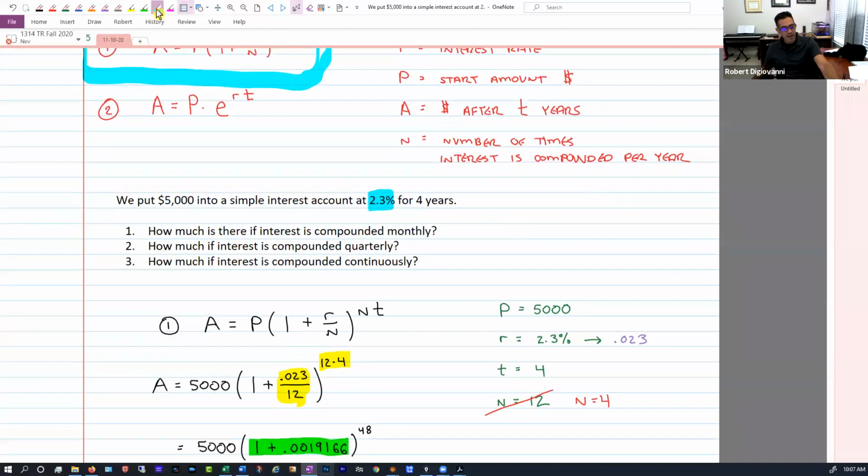The last one is saying, how much will we have if the interest is compounded continuously? And this is a very difficult concept to explain because it doesn't make a lot of sense. What continuously means is that the bank is calculating your interest all the time.